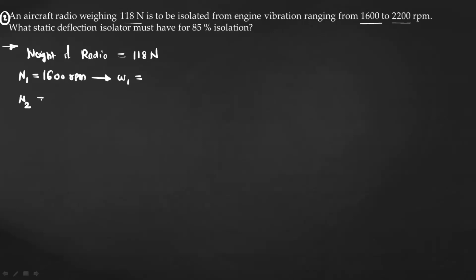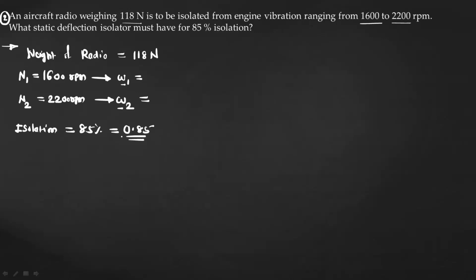Then the highest speed for the engine is 2200 RPM. So we will calculate the value of omega 2, that is external frequency at highest speed, and omega 1 the external frequency at the lowest speed. Then there is 85% of isolation. Isolation is equal to 85%, that is nothing but 0.85.